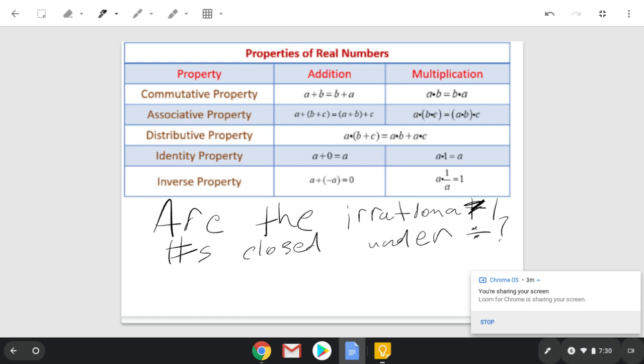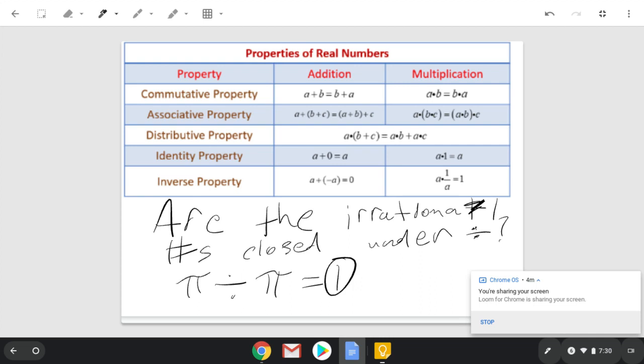And the answer is no. All right, so what this means, if they were closed under division, it would mean that an irrational number divided by an irrational number is always irrational. But here's whenever it's not. Pi divided by pi. What does that equal? 1. And 1 is not irrational.